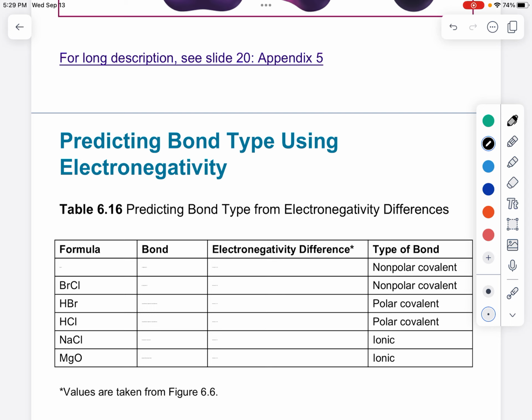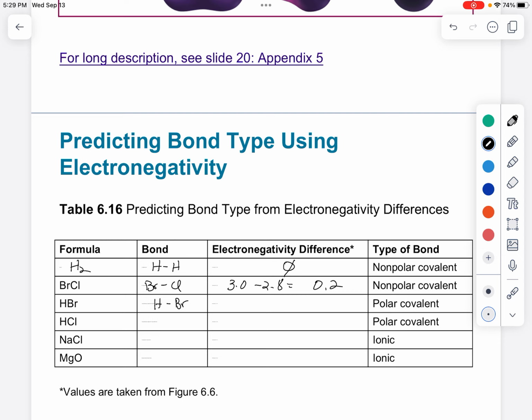So let's look at these. Predicting bond type and electronegativity differences. This is H2. So that's an H bond. The electronegativity difference is 0, so it's going to be nonpolar covalent. BrCl, the electronegativity difference there is 3.0 minus 2.8, which is 0.2, nonpolar covalent.